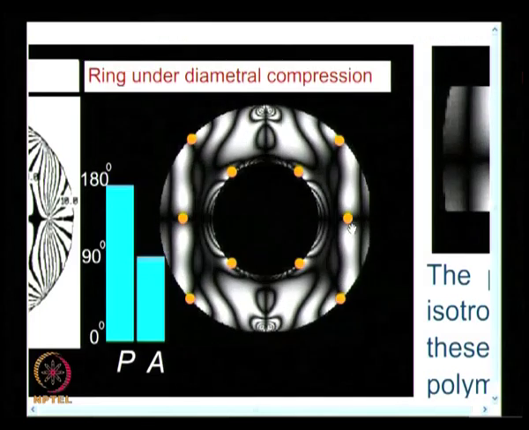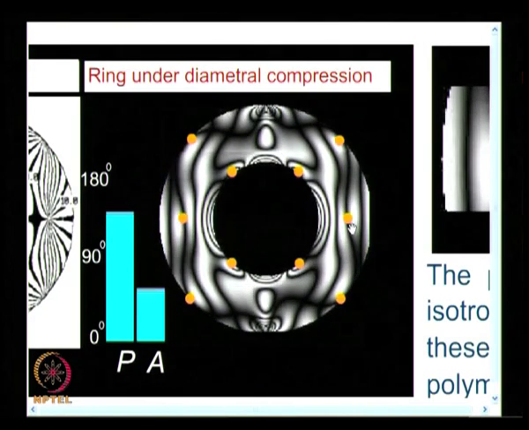Look at here, the complexity is manifold in a ring under diametrical compression. The other one is the disc under diametrical compression. Do we have an isotropic point? You do not have an isotropic point. But we do have zeroth fringe order. That is not the intention there. See, the definition of an isotropic point is where all the isoclinics pass through.